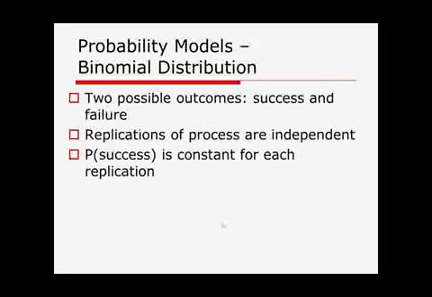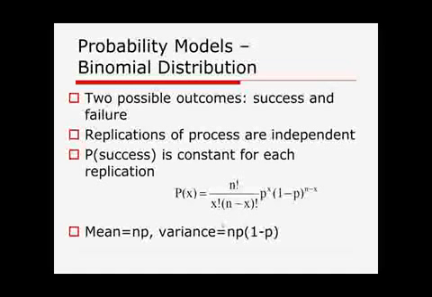And the likelihood of success is the same for each person. If you meet these criteria, then you can use this equation, a binomial distribution model, to calculate probabilities. The mean number of successes in a sample is the sample size times the probability of success. The variance is the sample size times the probability times 1 minus the probability.